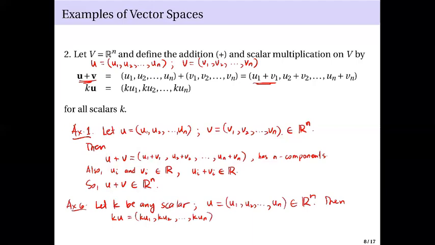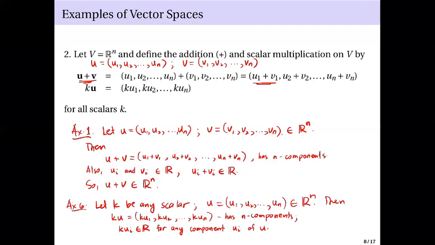And again, this has n components. Also, kui is a real number for any component ui of u.